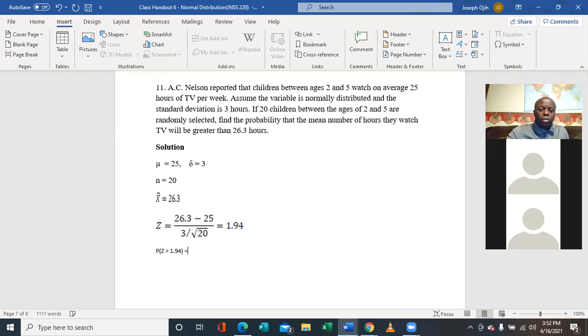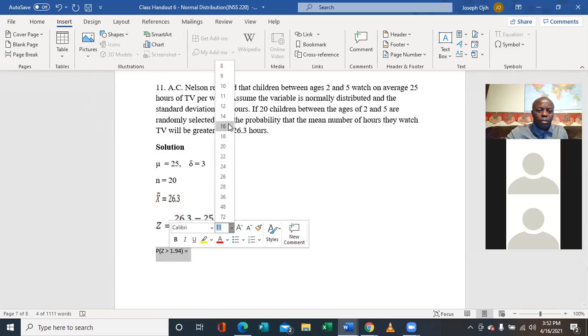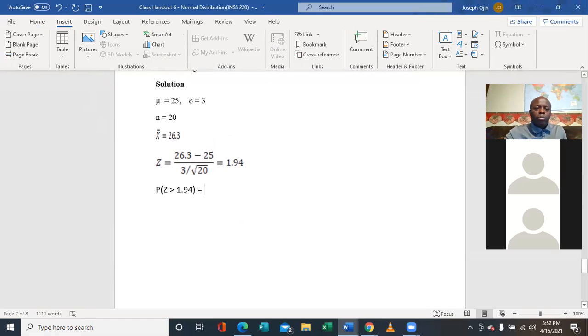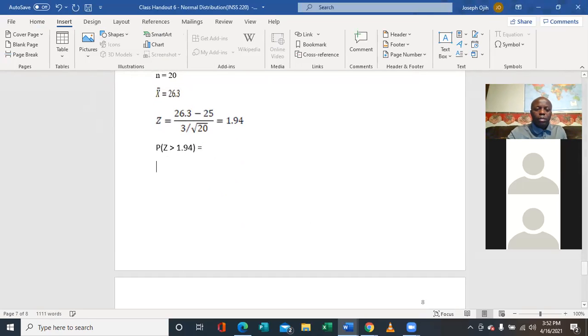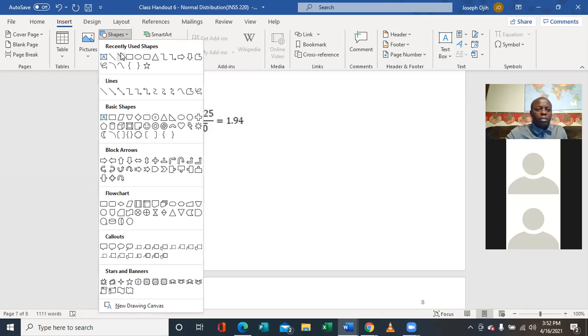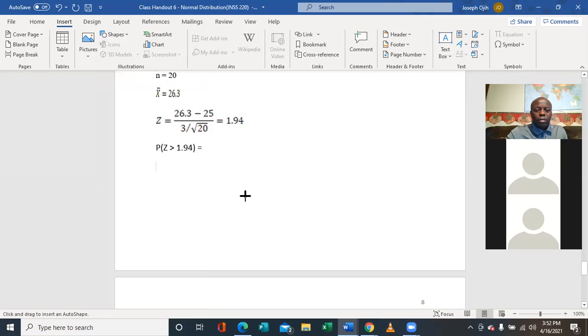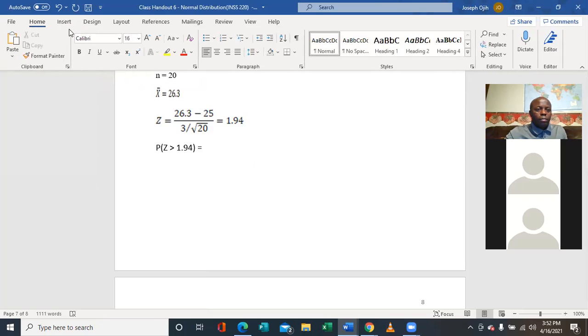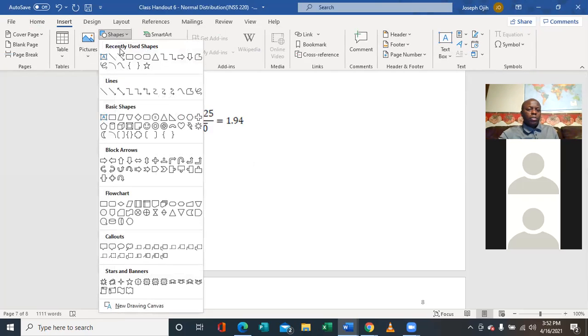Let me make it bigger so you can see it well. Make it 14 or 16. So now to find this probability, we make our chart. Let's put the chart right here. Okay, let's try it again. Here's the chart.